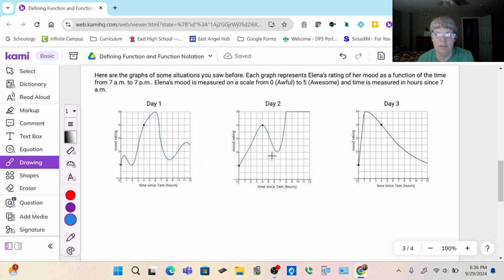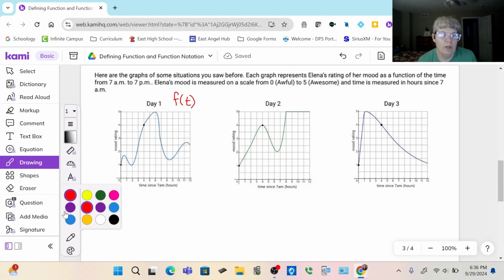We had day 1, day 2, and day 3. I'm going to call day 1 my f of t function. So day 1 is f. T is the input, so that's the time. And you'll notice on the graph, time is along the horizontal or x-axis.